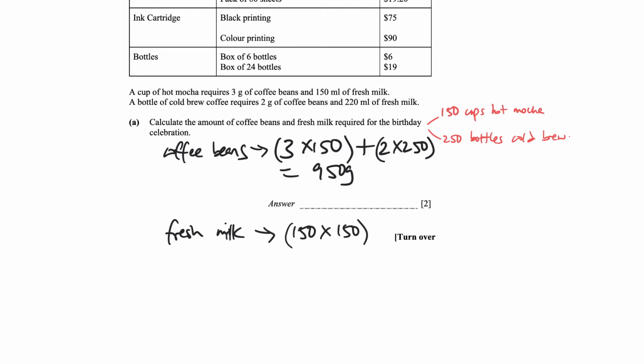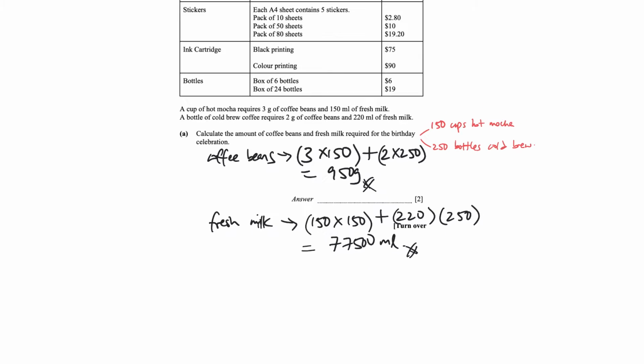For each bottle of cold brew, 220 ml of fresh milk, and we have 250 bottles of cold brew. So that is 220 ml for each bottle, times 250 bottles. You add them up, and what you get is this, of fresh milk. And there you go.